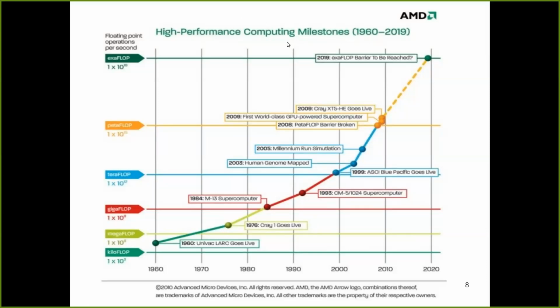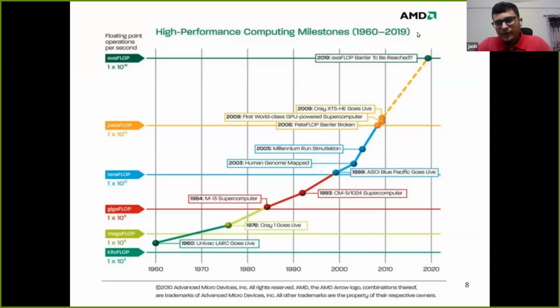Floating point operation. Yes. During the 1960s we were able to achieve some kiloflops of floating point operations per second using the supercomputers of that era. This is quite an old chart, but today in 2023, we have actually reached the exaflop stage.